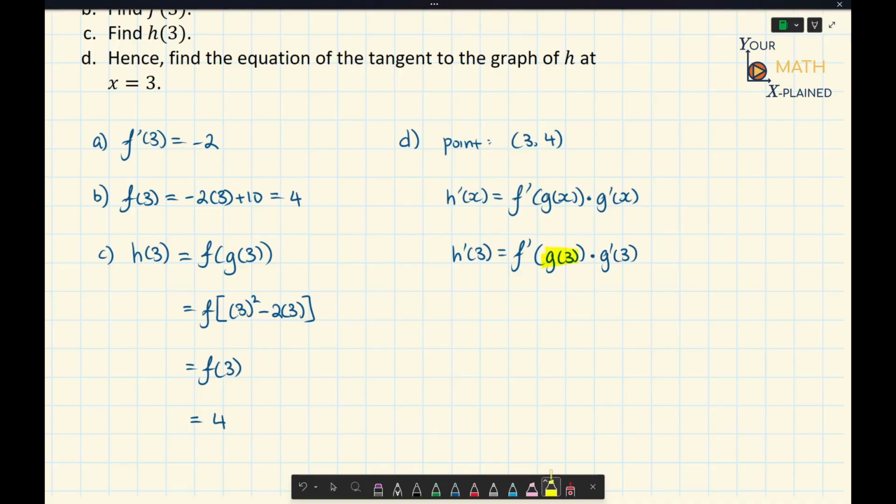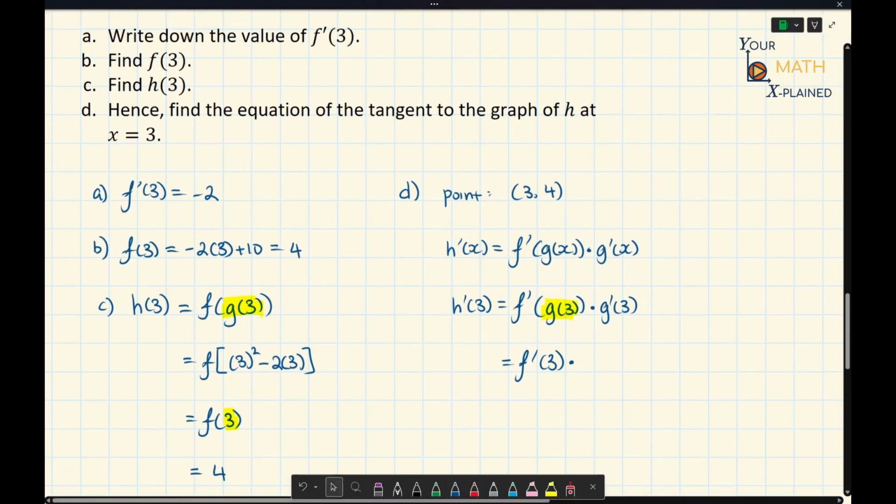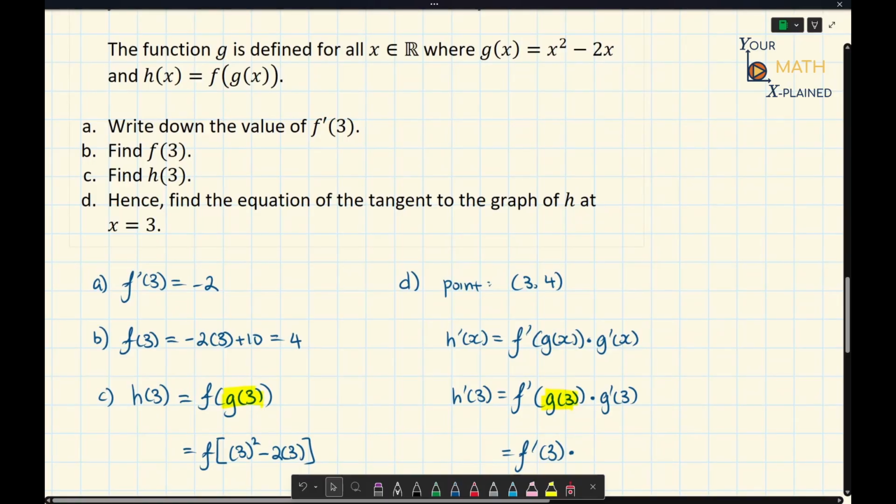We found g of 3 earlier in part C. This was g of 3, and g of 3 evaluated to 3. So therefore, this here is going to be f prime of 3. And now, g prime of 3 is something that we need to go ahead and find. So let's scroll back up a little bit and see what g of x is.